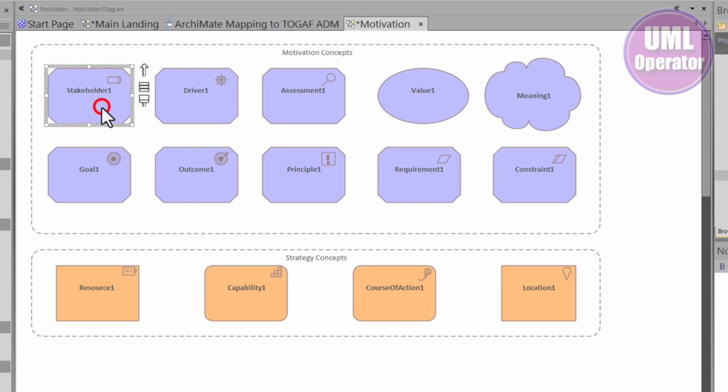So when we're going through each one of these drivers into assessment, and we're basing that off the strategy concepts from resources that are available to the capabilities that are needed, courses of action, also dealing around your localization, where your branch offices are, where your company is located, where the various delivery concerns are that are located.